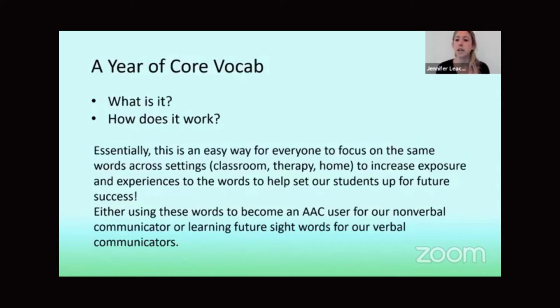So they're being exposed to these words at school and at home. So we're really increasing those models. So either using these words to become an AAC user or for our nonverbal communicators, or even just learning sight words for our verbal communicators. I really want to reiterate the fact that it's not just for our nonverbal kids. Learning these core words is also learning the sight words and our vocabulary for our verbal kids.